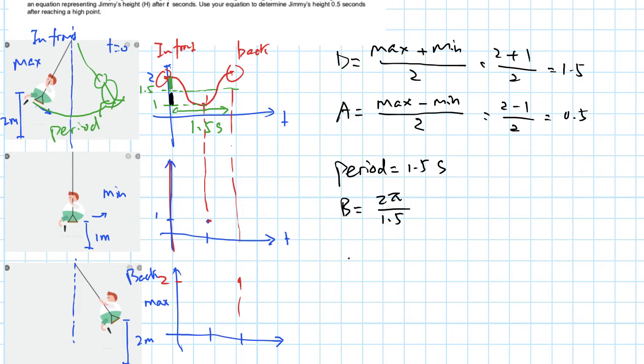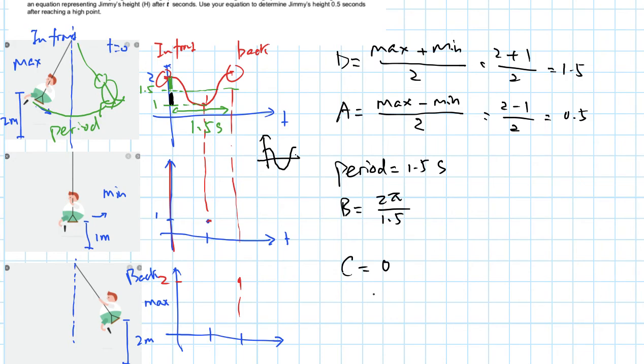For C, because we are assuming it starts from a maximum, we have to assume that since the information is not provided. Therefore C is 0, with no shifting, because we will match with the cosine wave. It goes from maximum to maximum, starting at the maximum and ending at the maximum for one cycle. So A, B, C, D is done.